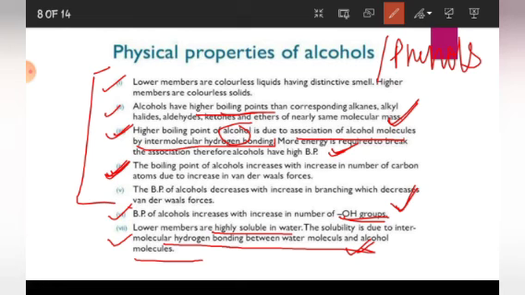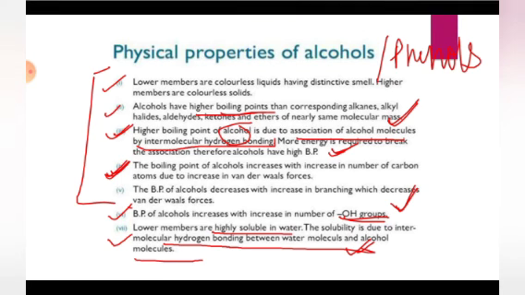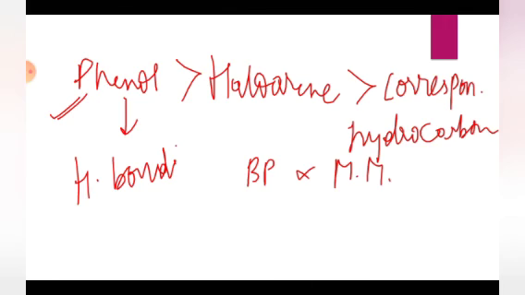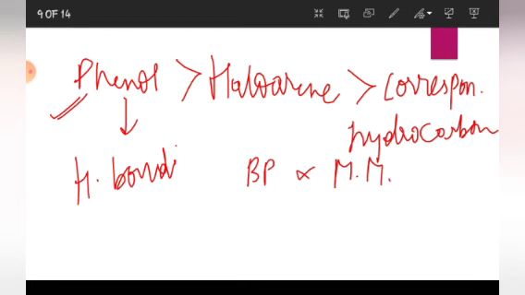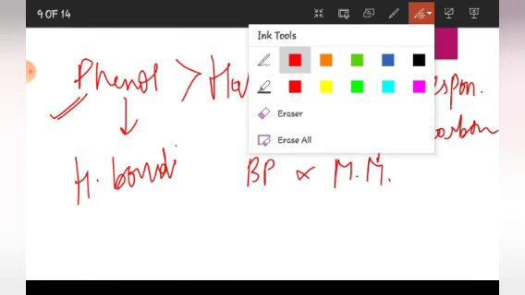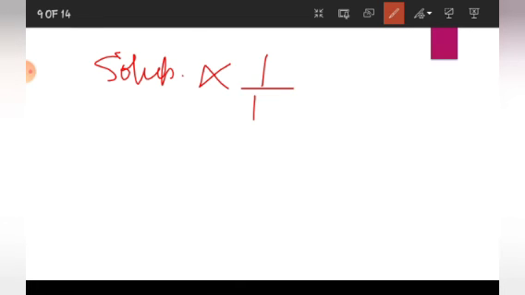Fine. Now see students, let us discuss solubility more. As we move on to higher members, the solubility will decrease. So what we can say is solubility is inversely proportional to molar mass, because as we move on to higher members, the solubility decreases.